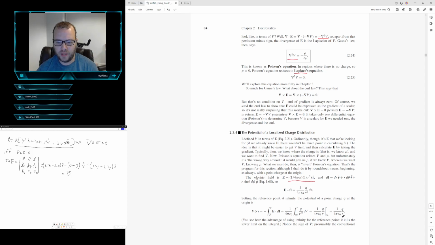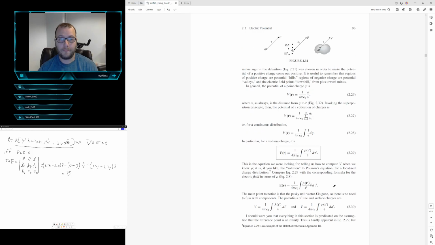Setting our reference point at infinity, the potential of a single point charge is equal to the charge divided by a constant divided by R. The potential of a point charge is just given here. And from the principle of superposition, we can sum up those point charges.